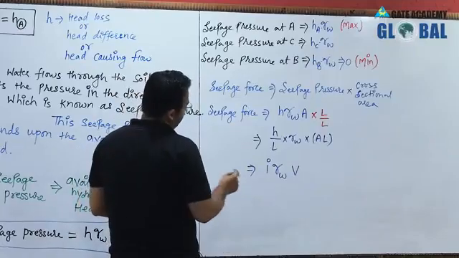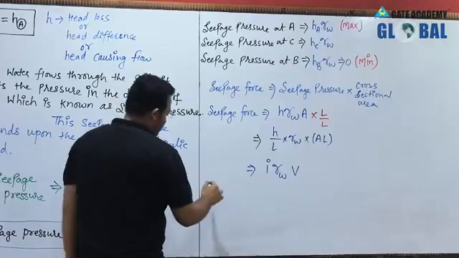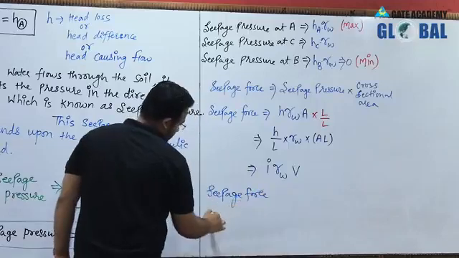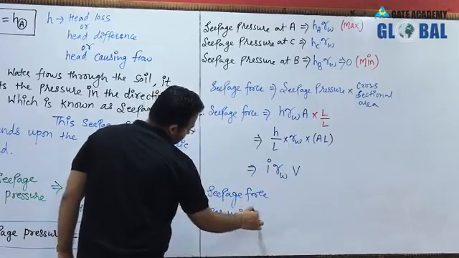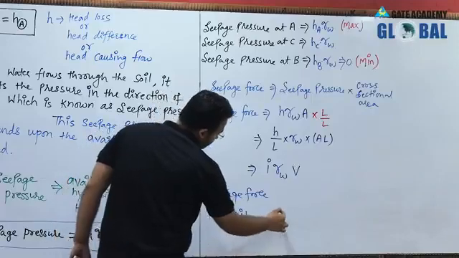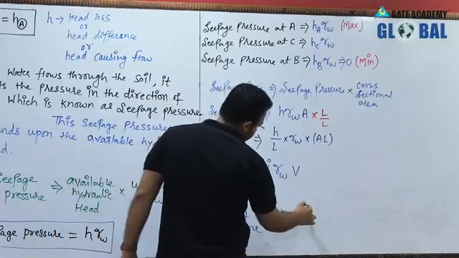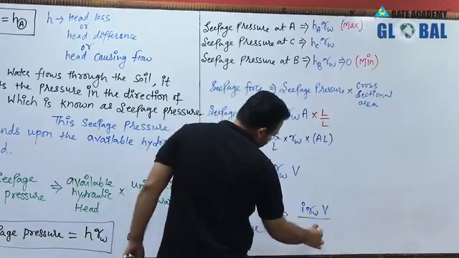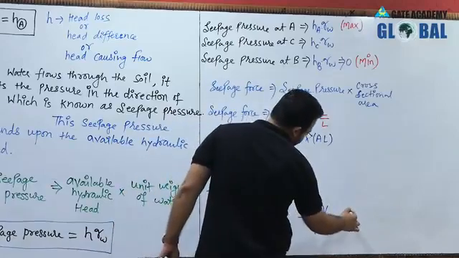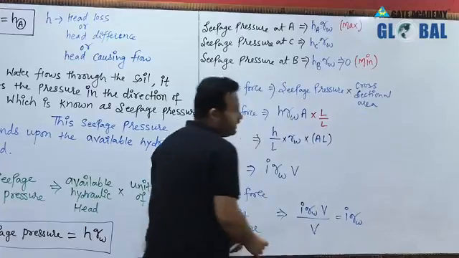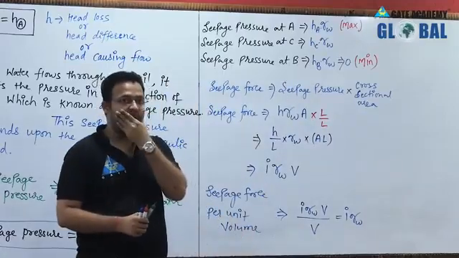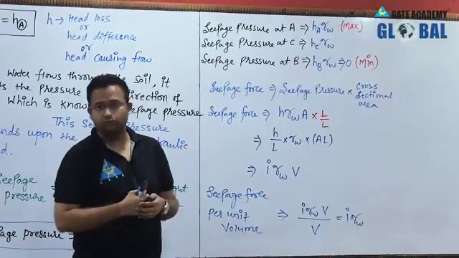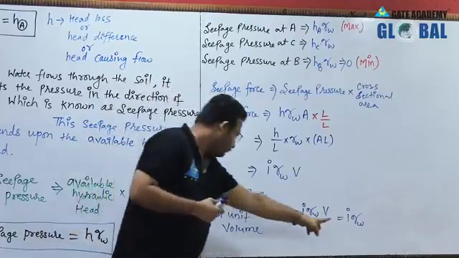Okay, so if you want we can estimate the seepage force per unit volume also. So I can write seepage force per unit volume, and it can be given as, per unit volume means what? i gamma W, this is the seepage force divided by unit volume V. So V to V is cancelled, finally we will be having i gamma W. So i gamma W is actually the seepage force in kilonewton in the direction of flow per unit volume.